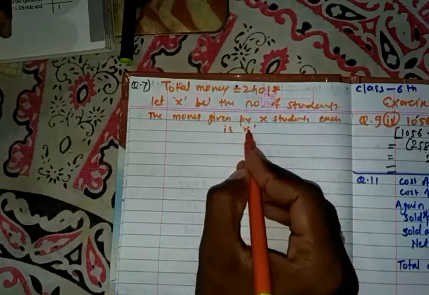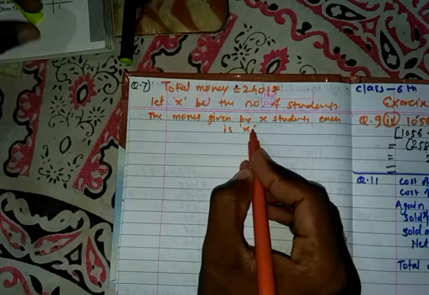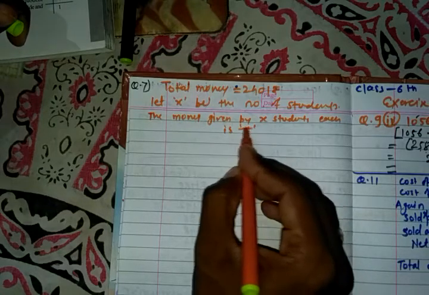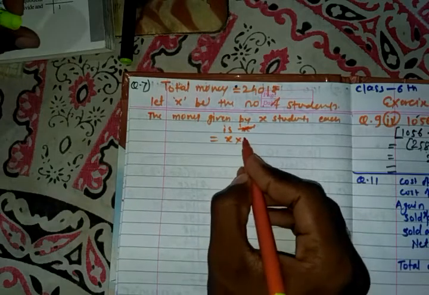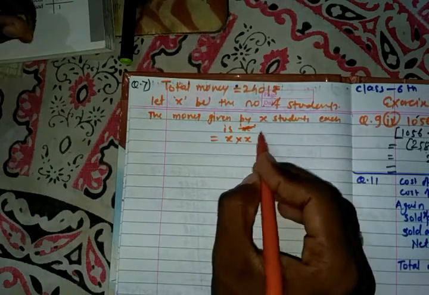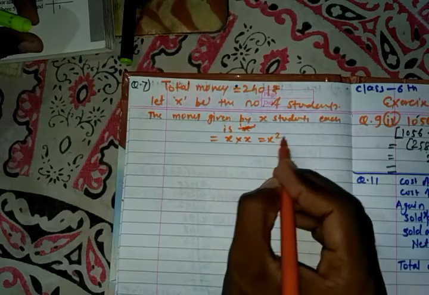So the money given by each student is equal to the number of students, into each student, right? So that is x into x, which is equal to x square.